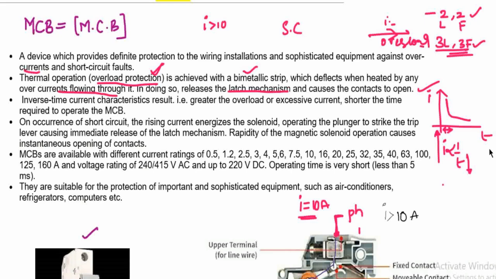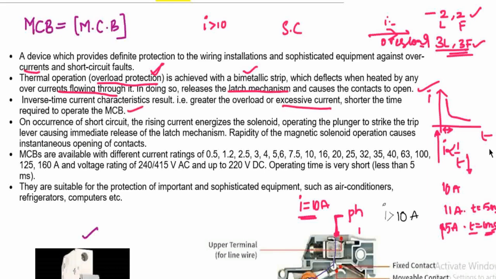For a 10 ampere rating, if 11 amps is flowing, let us say the time is 5 milliseconds. If there is 15 amps of current flow, the time should be 1 millisecond. That means the more the current, the less the time for open circuit. Here you can see inverse time characteristics result: the greater the overload or excessive current, the shorter the time required to operate the MCB.